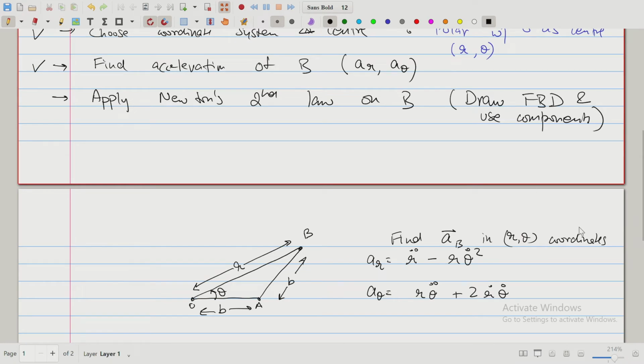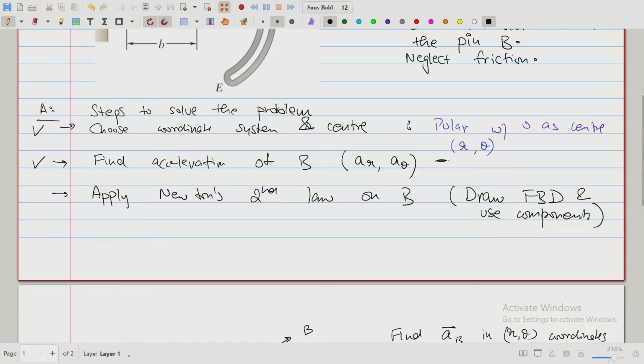Somewhere here in the acceleration, you'll also have to find the degrees of freedom. Once we find that degree of freedom is 1, then we'll have to find some sort of geometrical compatibility. If we get an answer of r in terms of theta and vice versa, then we'll have to find a relation between them.